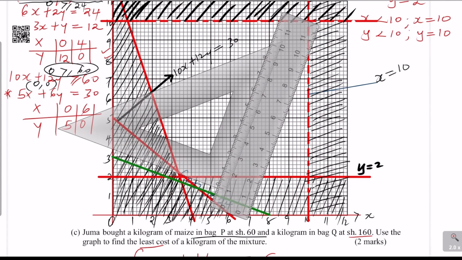So when you slide, the first point to be touched as you enter that region, this point here, is a corner point. That is the one that gives us the minimum value.